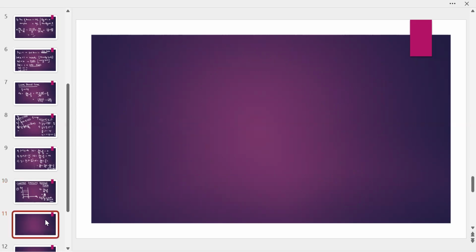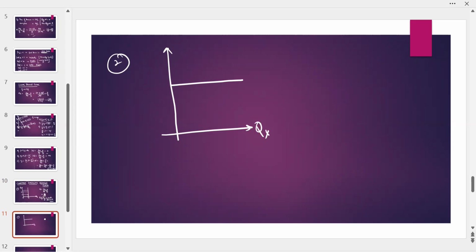Now let's take another example where the demand curve looks like this, a horizontal demand curve. So this is quantity of X, this is price of X. What do we call this?